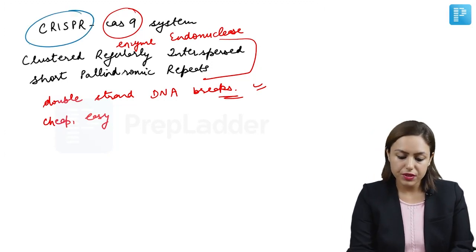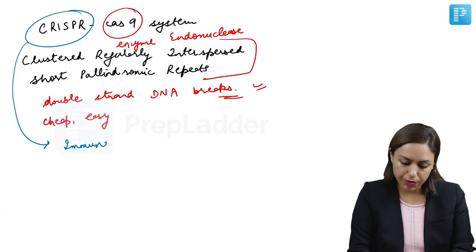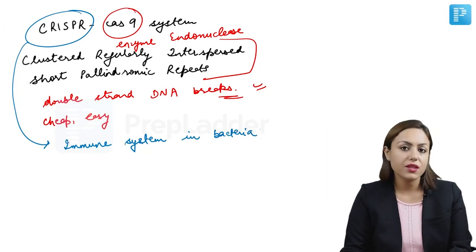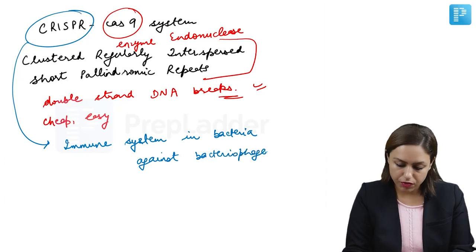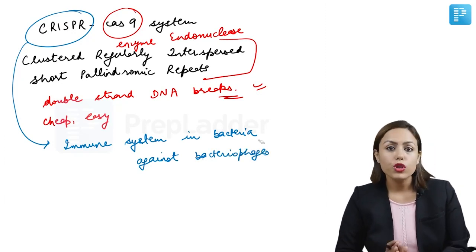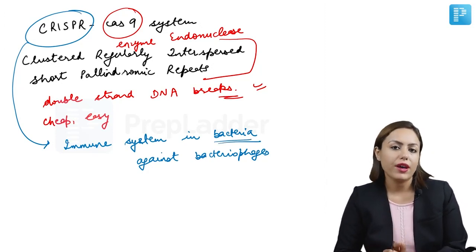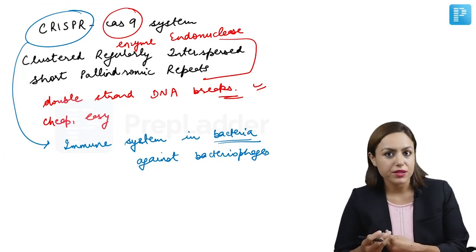Actually, this CRISPR system is a naturally present immune system in bacteria against their viruses, against bacteriophages, viruses of bacteria, right? So using this system, bacteria can cut the viral genome and protect itself from the virus.